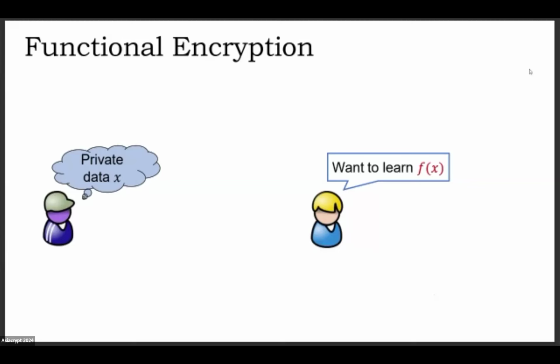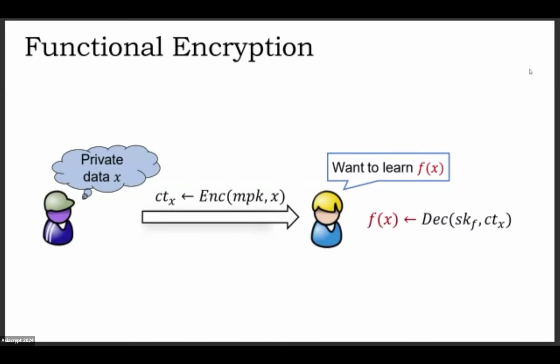In this FE system, there are two parties. The sender has some private data X, and the receiver wants to learn a functional value over this data. Usually, the sender can encrypt this data using the master public key, MPK, to generate a ciphertext.